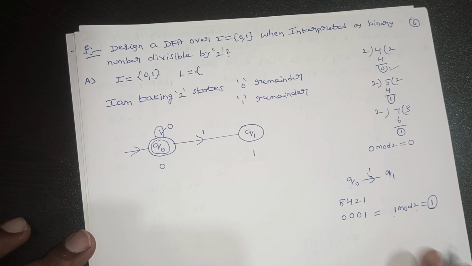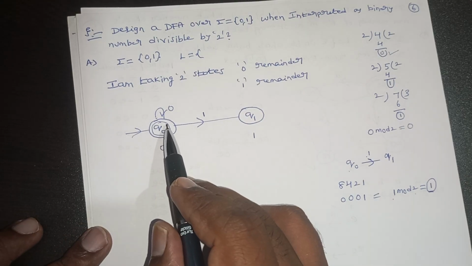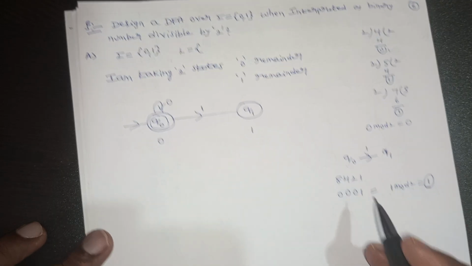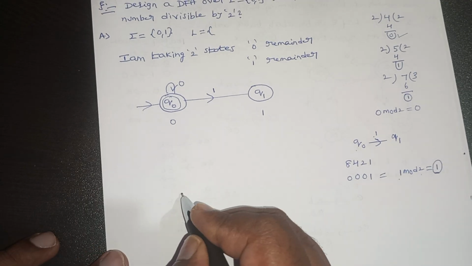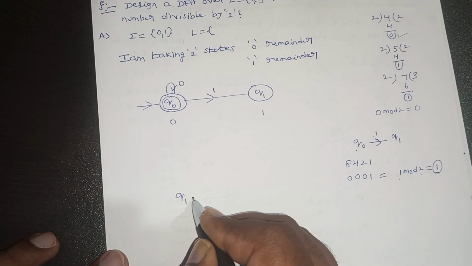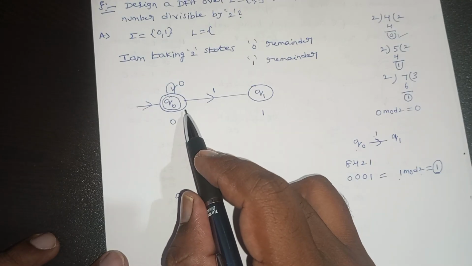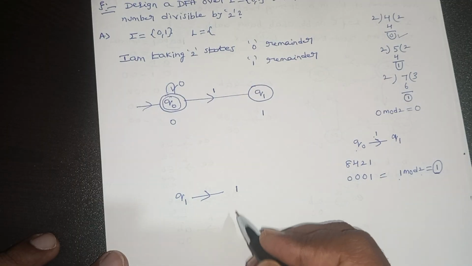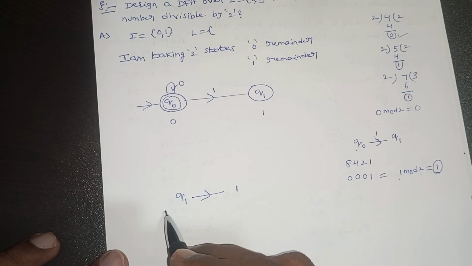Okay, so q0 on 0, I formed the edge. q0 on 1, I formed the edge. Now what about q1? How do I reach q1 from the start state? Through the path 1. First write 1 here.